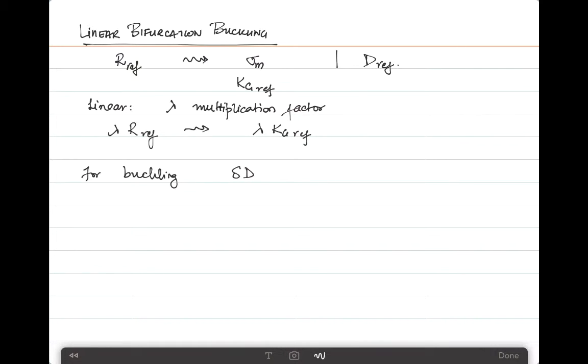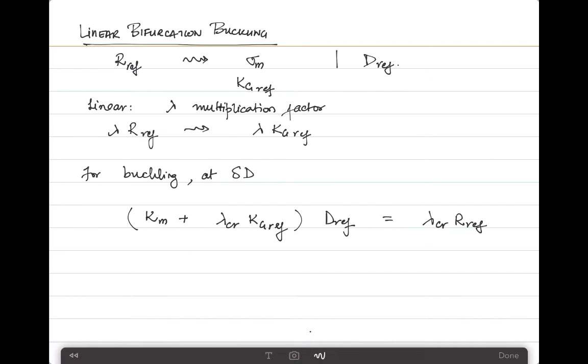Because for buckling, the external load R ref cannot be changed at the bifurcation point exactly where the buckling occurs, we can write the stiffness as Km plus a critical multiplication factor, lambda critical, at which buckling occurs, times the geometric stiffness Kg ref, times the displacement D ref, equal to lambda critical times R ref.